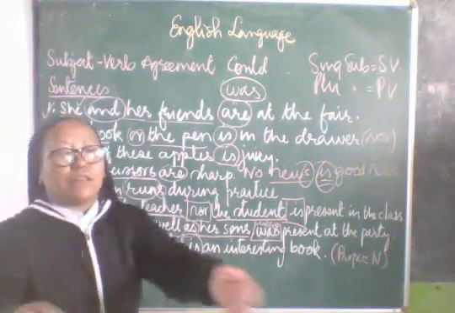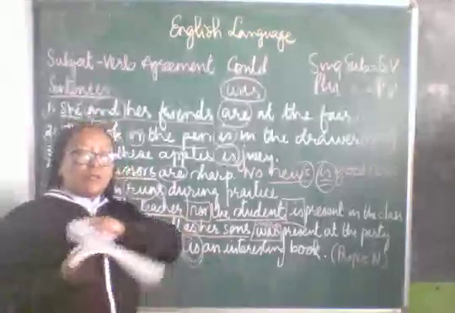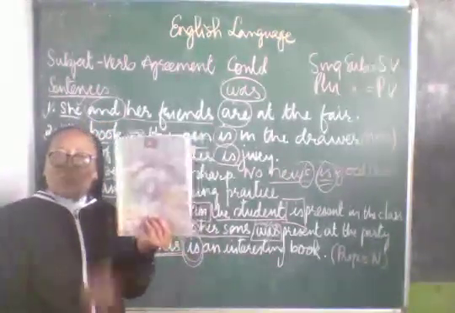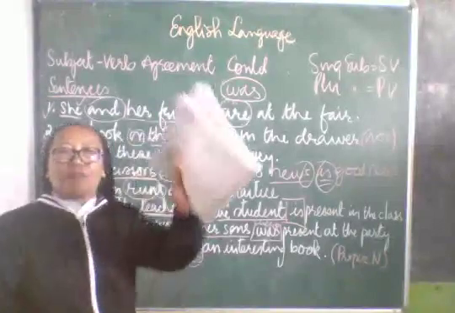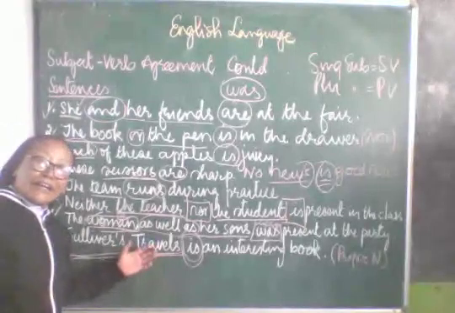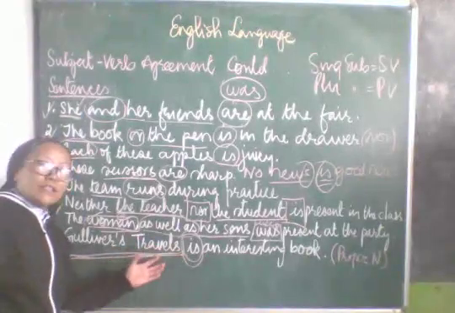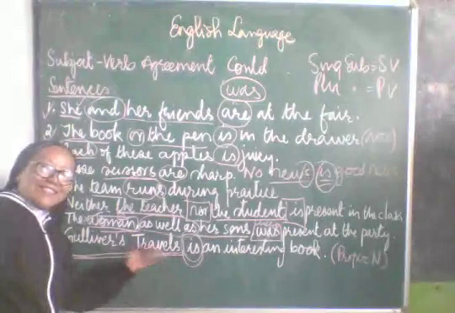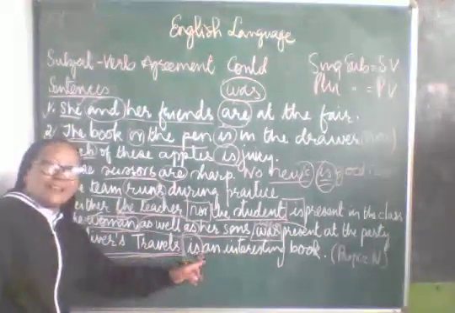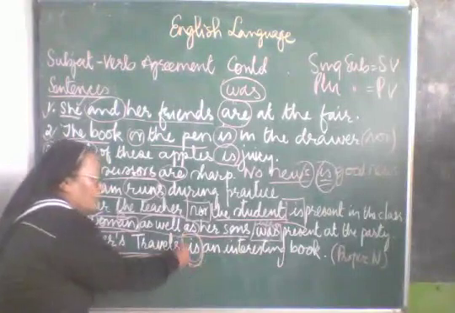For example, Grammar Magic, this is one book name. Like that, Gulliver's Travels is a book name. So this is not a plural subject. This is singular, the name of a book. That's why I use the verb "is".